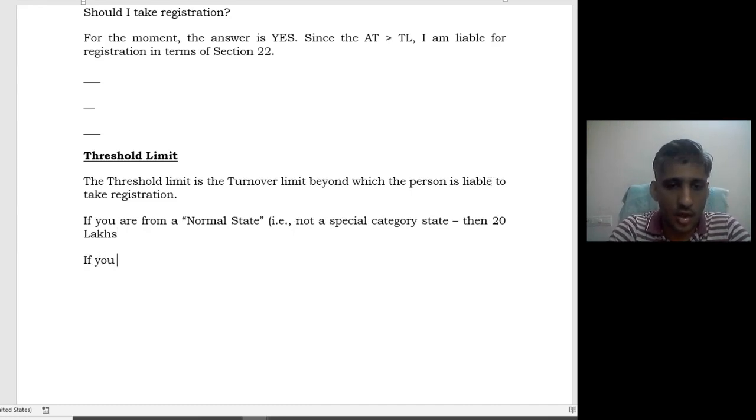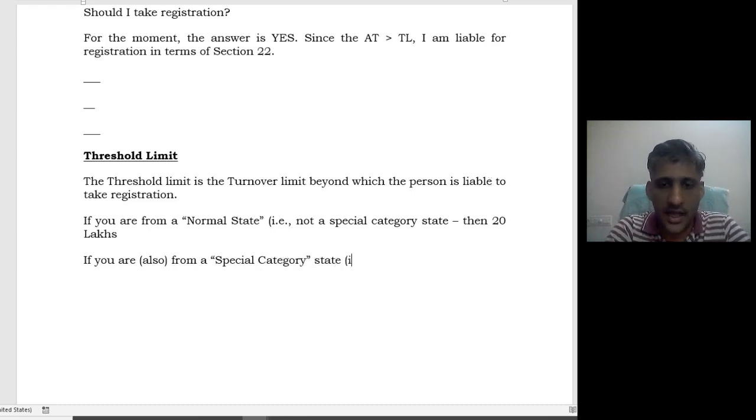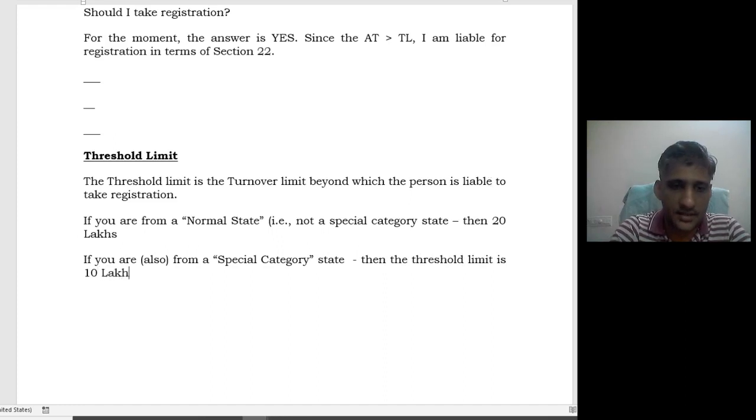If you are from a special category state, then the threshold limit is 10 lakhs. Therefore, again, we will take one example, example number 4.